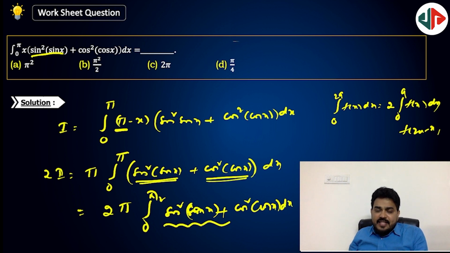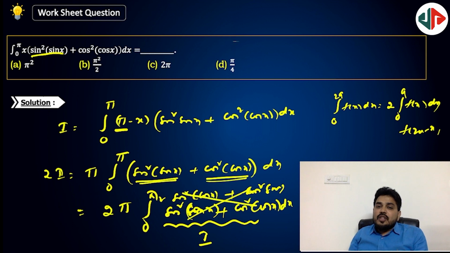If I take this as I and apply the same property, this will become sine square cos x and this one will come cos square of sine x. When you write 2I, this is 1, this is 1. So inside the portion 2I is equal to integral 0 to pi by 2 dx.